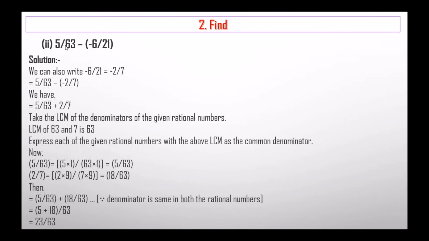Next, 5 upon 63 minus 6 upon 21. Now we can also write minus 6 upon 21 as minus 2 upon 7. So 5 upon 63 minus 2 upon 7. We have cut the number with 3.